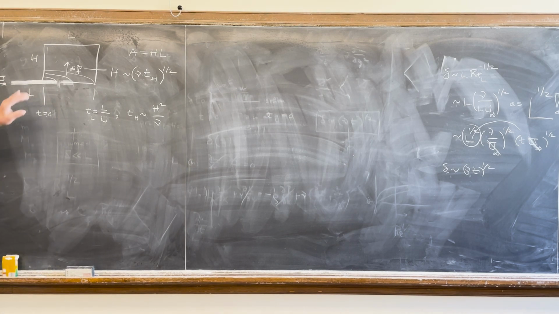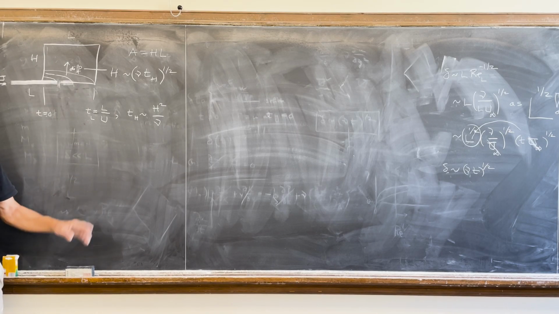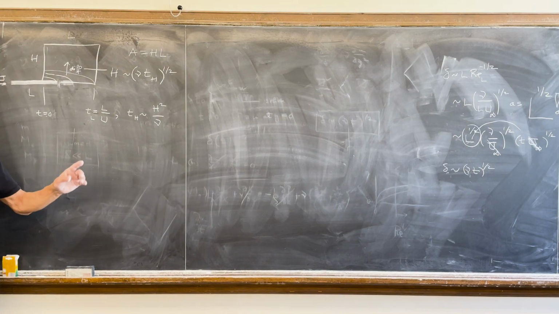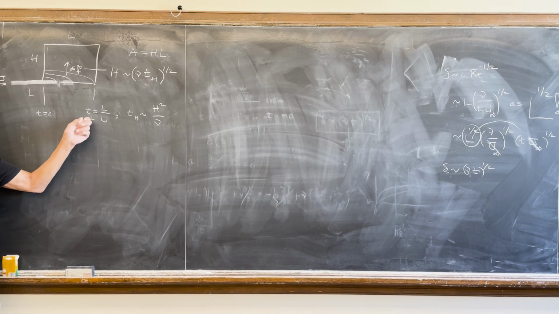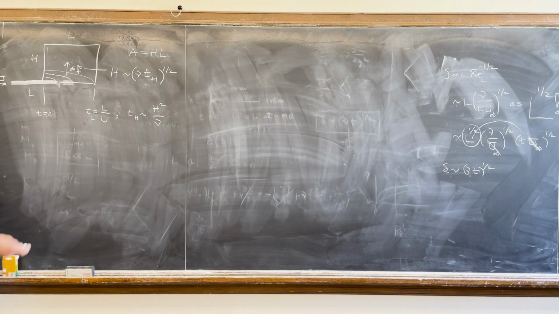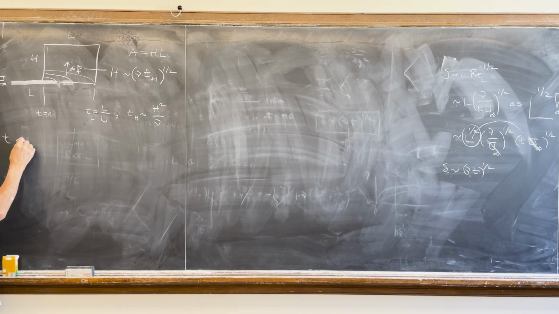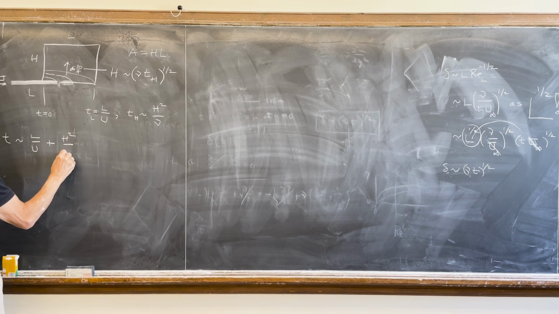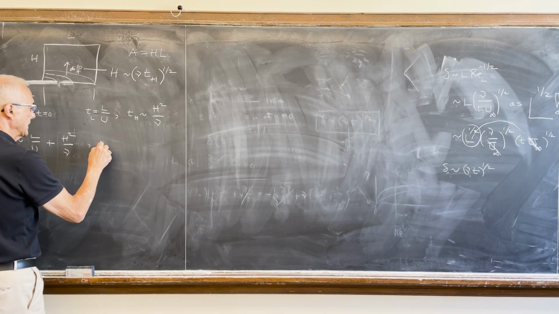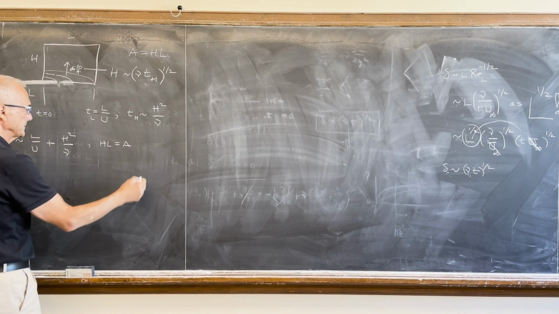All right? This is what's happening. The setting of this system of yours in motion happens during a time interval of this scale plus that scale. So the time of accelerating that or transmitting momentum to this fluid is L over u plus h squared over nu, in which, of course, let me repeat, the product HL is fixed.